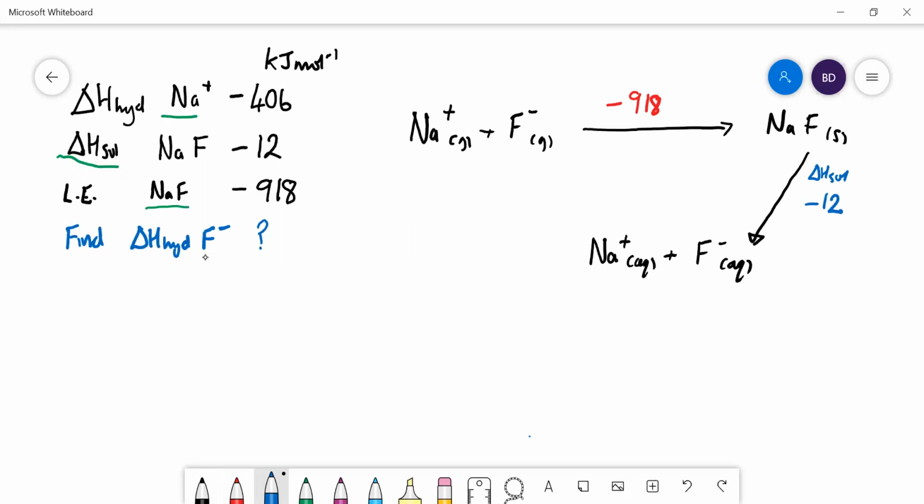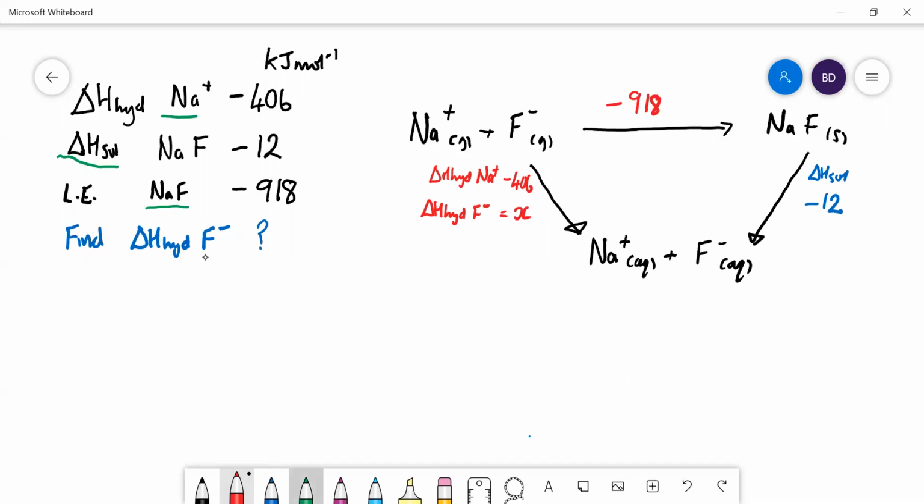And then on this arrow, we have the hydration of the sodium ions, which they do tell us is minus 406, and delta H hyd of the F- ion, which they don't tell us. Let's say that's equal to X.